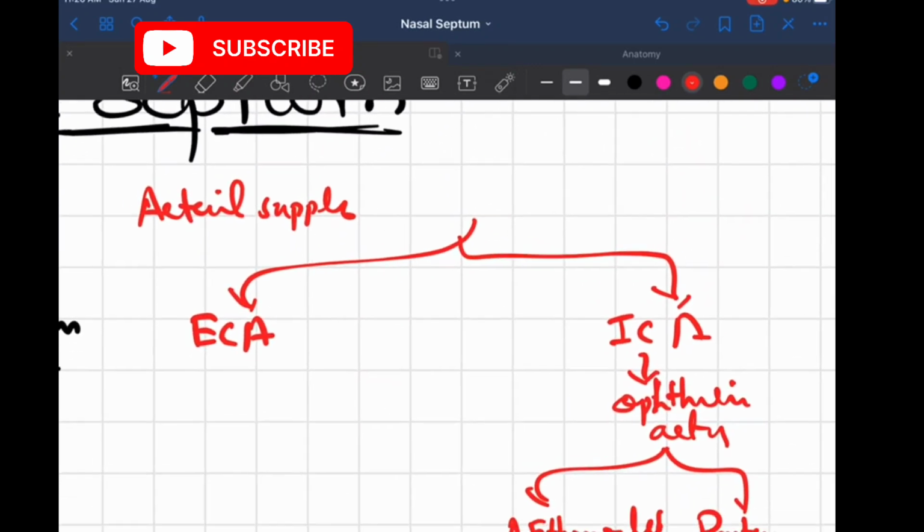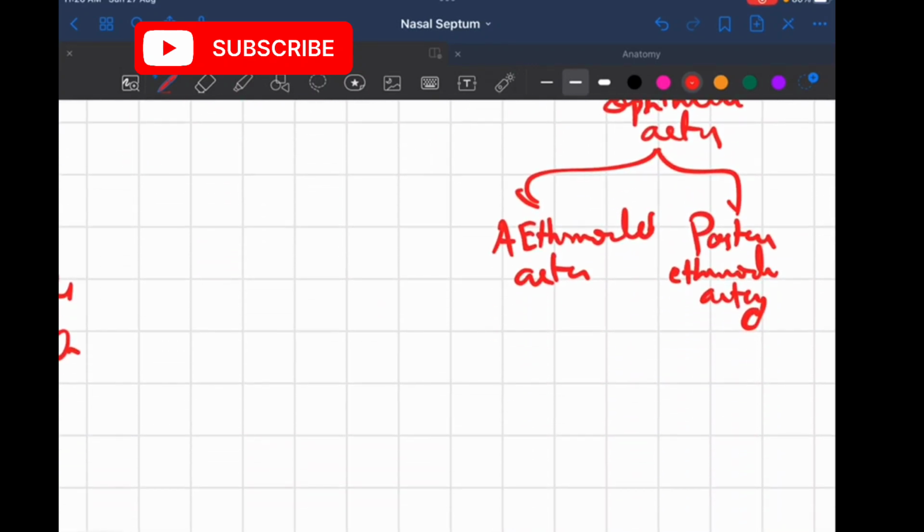The anterior ethmoidal artery enters the nose through the anterior ethmoidal foramen, which is situated 1.2 mm from the lacrimal crest. The posterior ethmoidal artery is located 0.6 mm from the anterior ethmoidal artery.